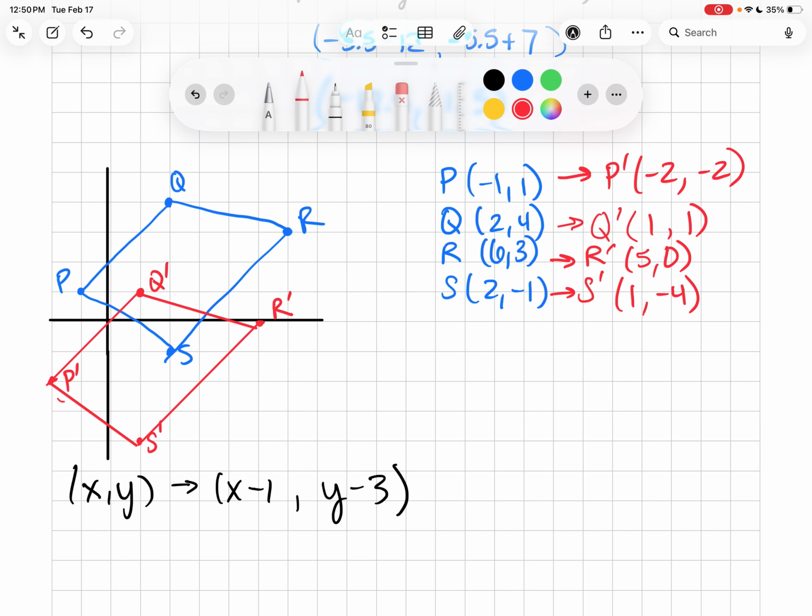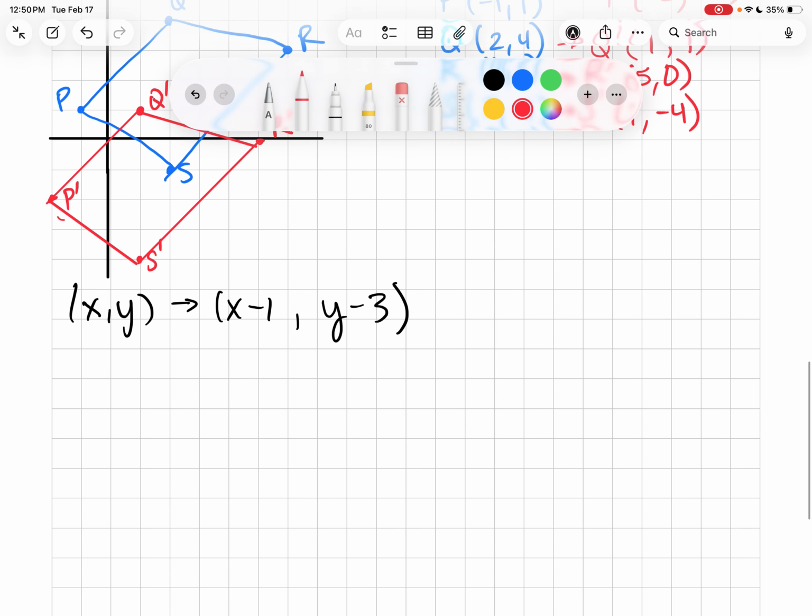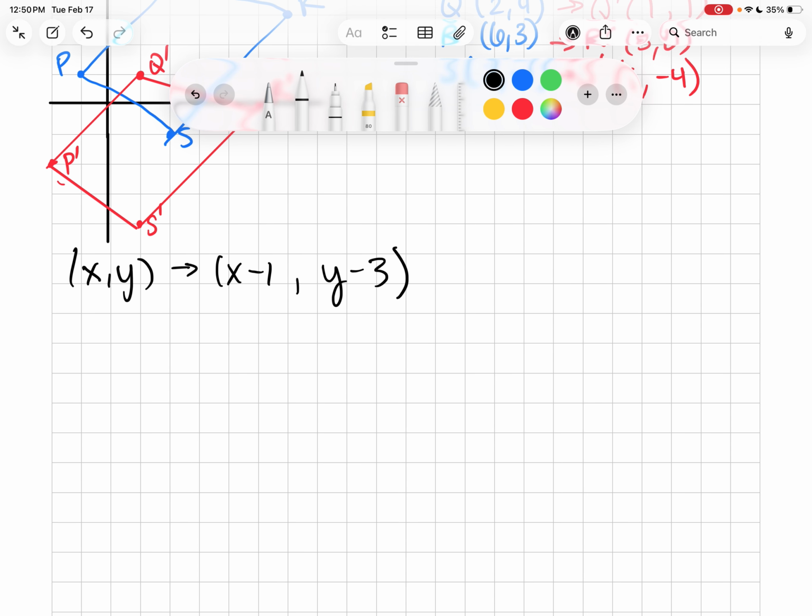All right, something similar here with a triangle. Instead, they're going to give us the triangle initially, and then they're giving us the translation in vector form. So we have my triangle.